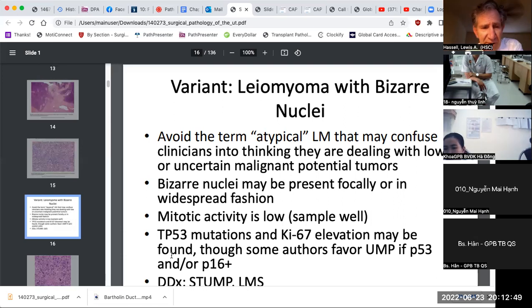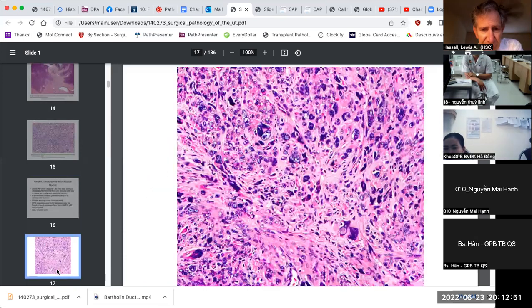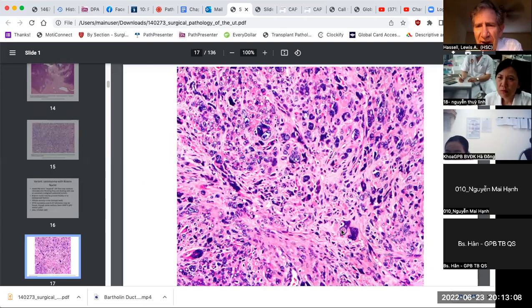So that's kind of the issue here. So this is what these look like. As you can see, these are very bizarre, wild-looking nuclei, irregular chromatin patterns, variable shapes, maybe nuclear inclusions, and ugly-looking cells.